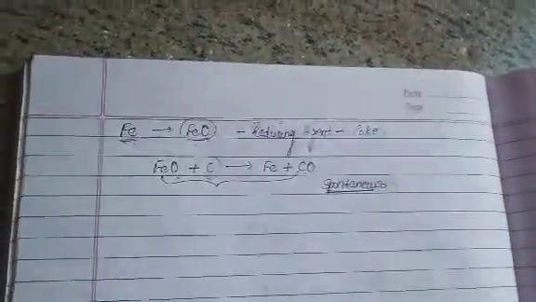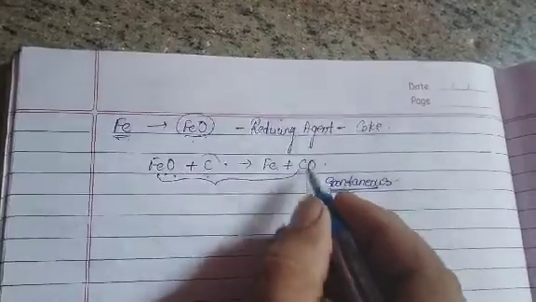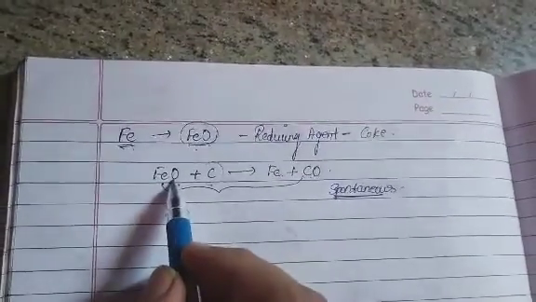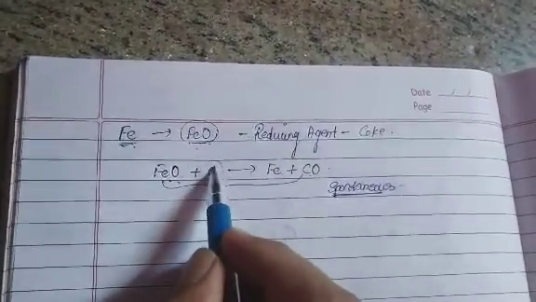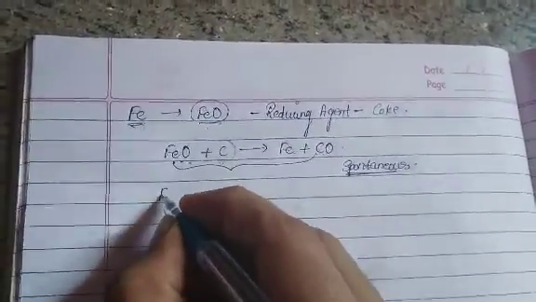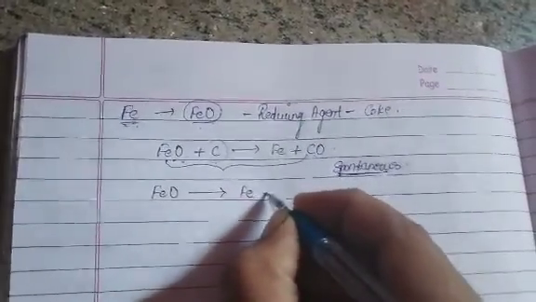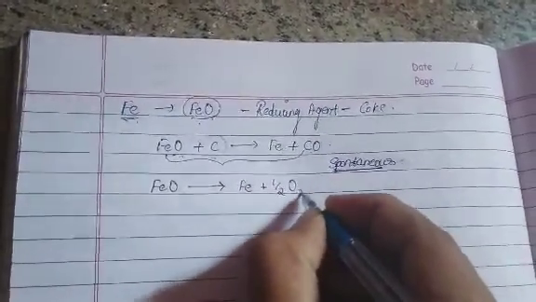In order for this reaction to be spontaneous, it involves two important reactions. First is the reduction of the metal oxide and the second is the oxidation of the reducing agent. FeO first gets reduced to give Fe plus half O2.